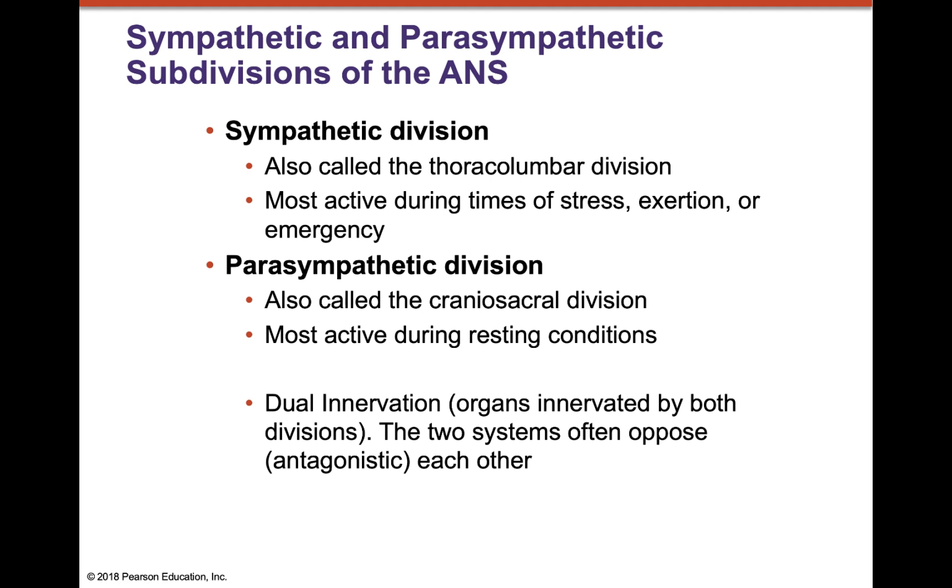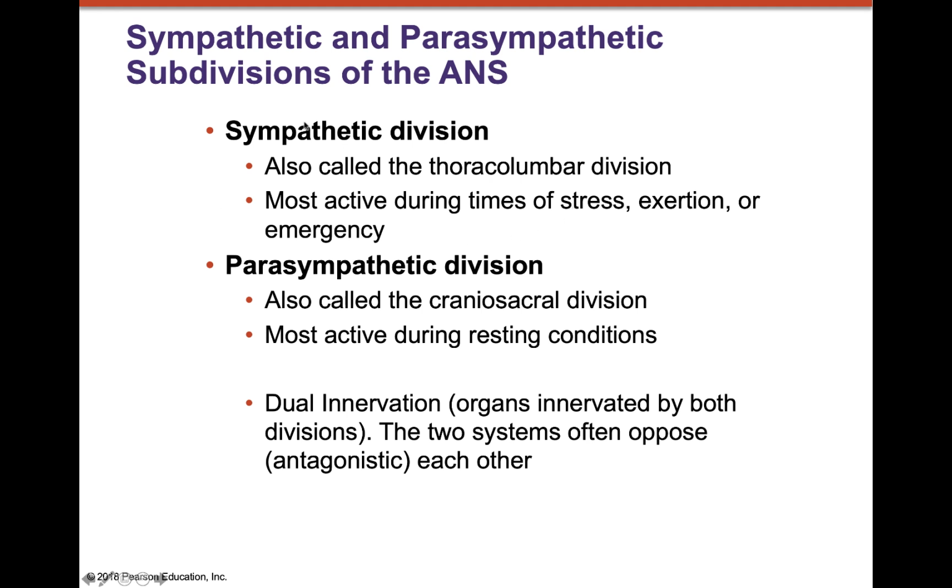So we said there are two divisions, the sympathetic division and the parasympathetic division. All of the organs in your body have innervation from both of these divisions. These two work together like the accelerator pedal and the brake pedal. One is going to speed things up, the other is going to slow things down. Sympathetic is most active during stress time.